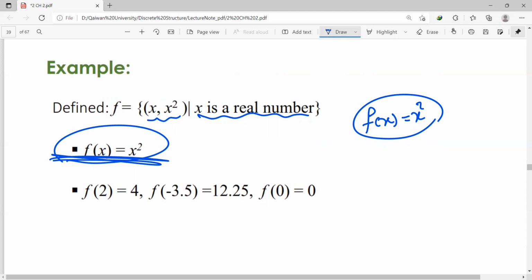And then what's the image of 2? What's f of 2? Here we replace x by 2 in the function. Our function is x squared. If we replace x by 2, we get 2 squared, which is 4. And also for f of minus 3.5, we say it equals minus 3.5 squared. Since the power is even, the result is positive. 3.5 times 3.5 is 12.25.